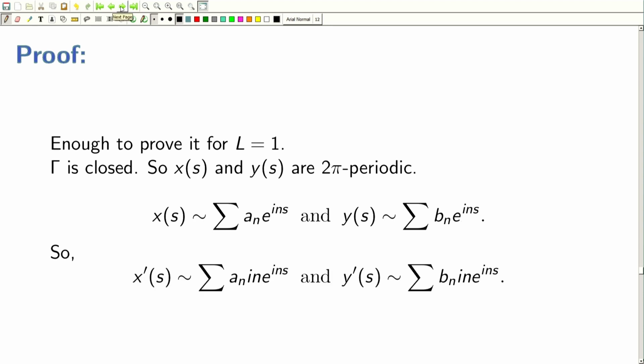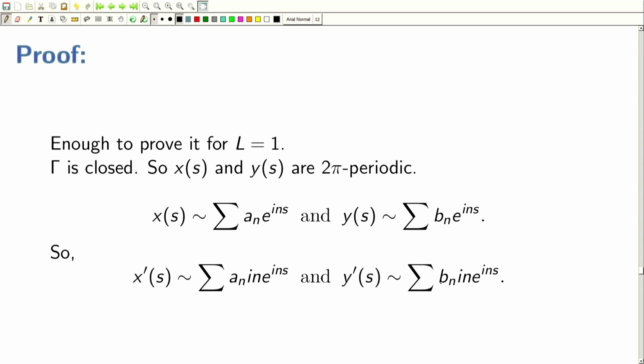Now if I take the derivative, because it is a C 1 curve, x is in C 1, we know that the Fourier series converges absolutely. So, we can do term by term differentiation. By differentiating with respect to s, we get x prime of s as the sum of a n i n e to the power i n s and y prime of s as the sum of b n i n e to the power i n s.